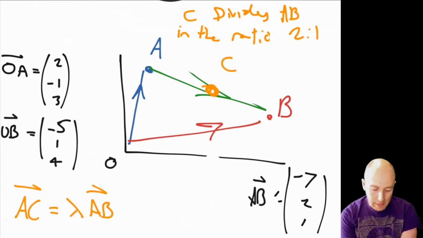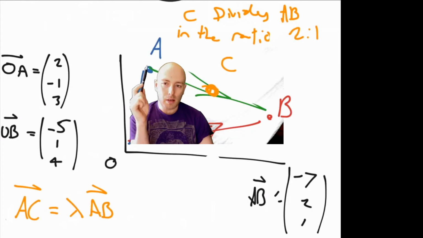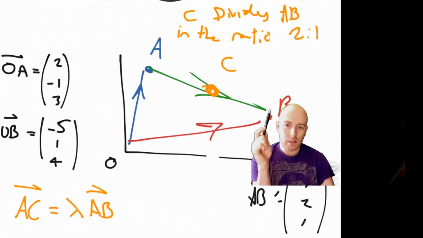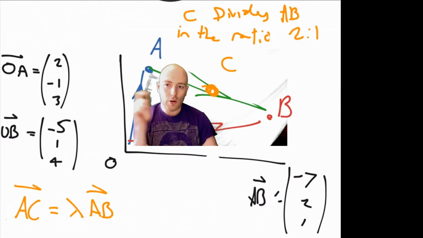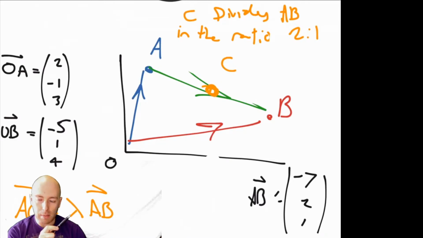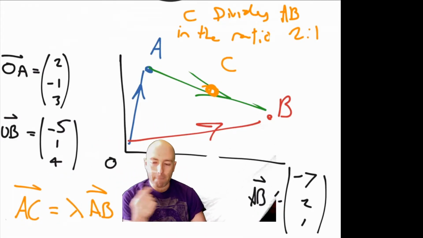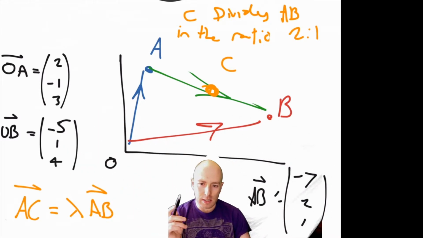So if we wanted to get from the origin to C, we could go from the origin to A, then plus a bit of AB. So instead of the whole AB, we're just doing this little bit of AB, and that bit is a fraction of AB, which fraction is given by lambda. So yeah, we can work it out like that. So I'm going to get rid of OB here because we don't actually need this for this calculation.